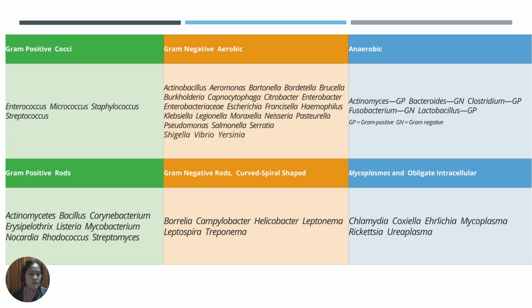Gram-positive rods are the Actinomycetes, Bacillus, Corynebacterium, Listeria, Mycobacterium, Nocardia, Rhodococcus, Streptomyces. Under the gram-negative rods, the curved spiral shape is the Borrelia, Campylobacter, Helicobacter, Leptonema, Leptospira, Treponema.